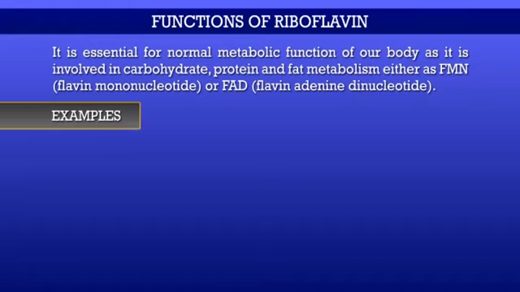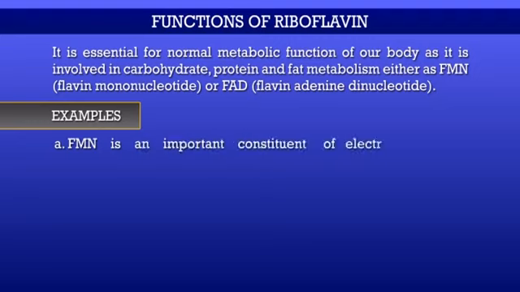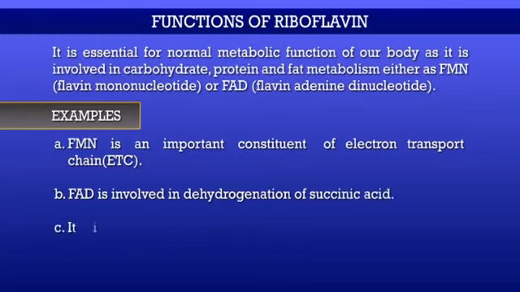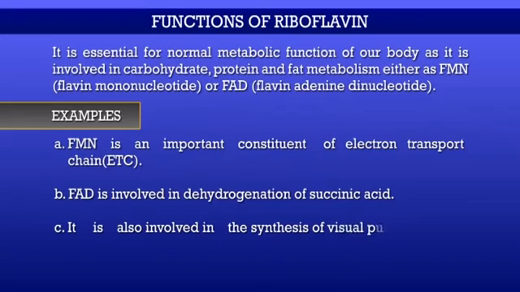Few examples being: FMN is an important constituent of the electron transport chain, and FAD is involved in dehydrogenation of succinic acid. It is also involved in the synthesis of visual purple pigment, that is rhodopsin, of rod cells of the retina.